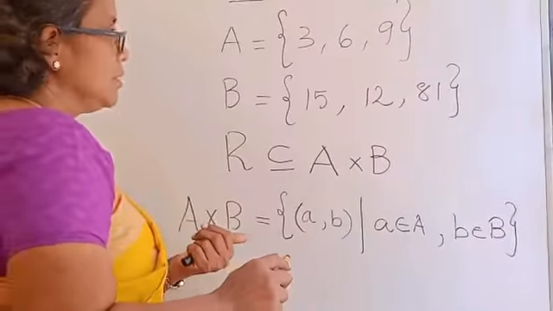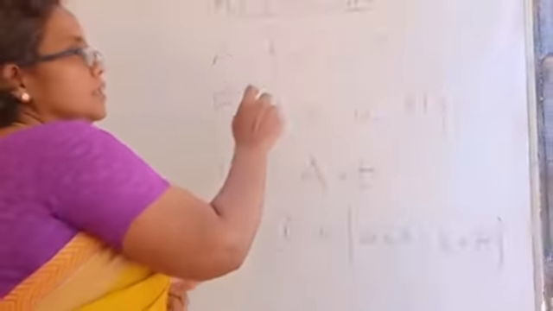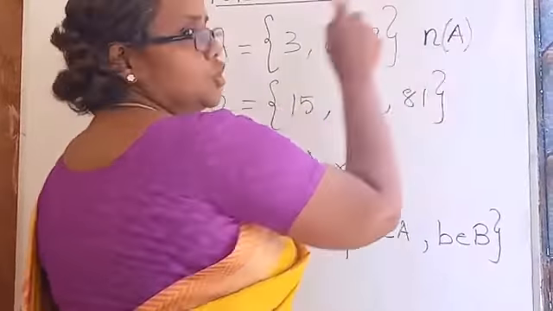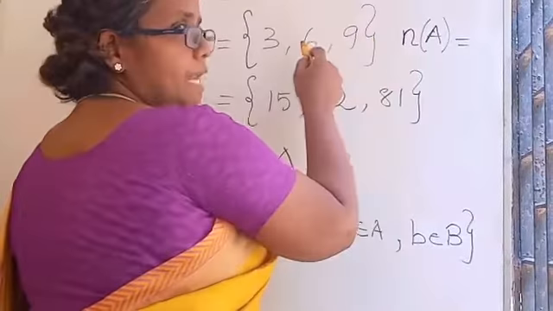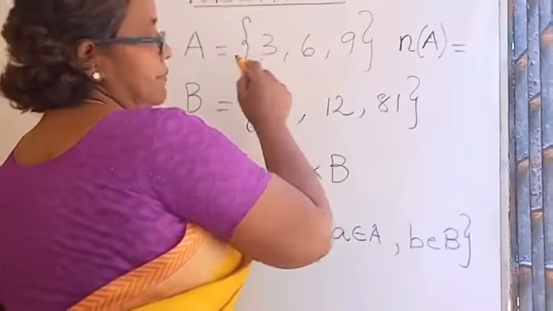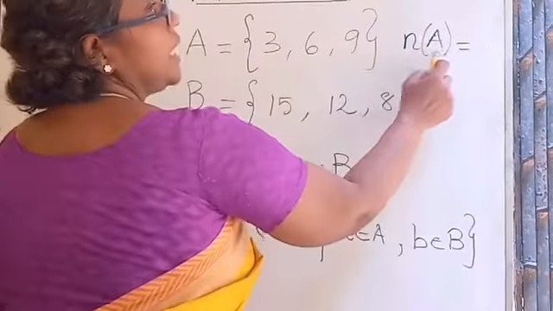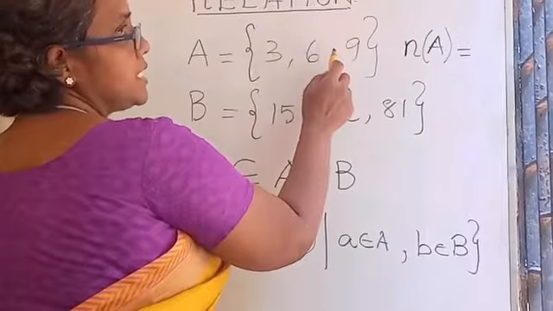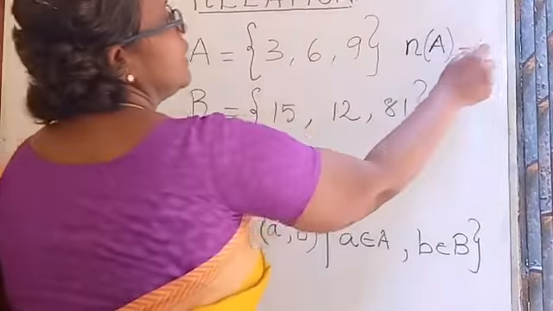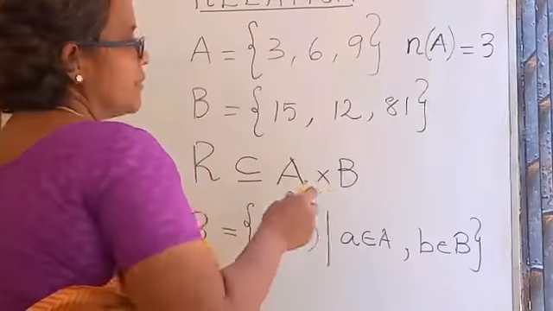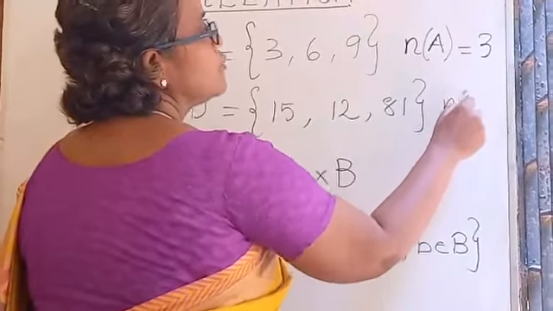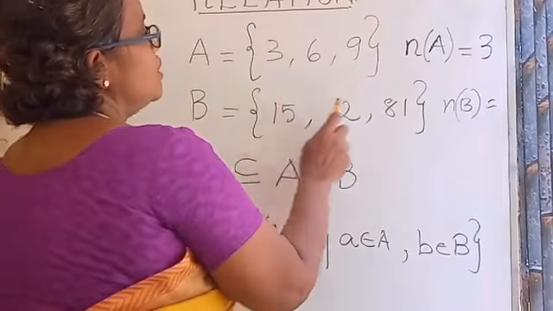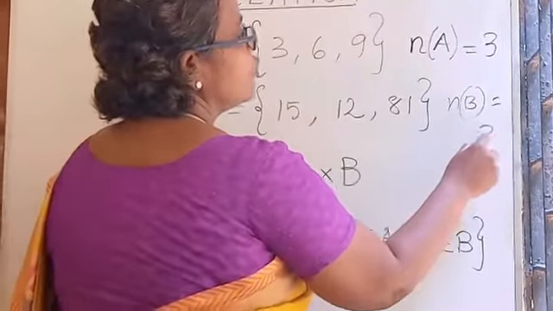Before that, you all know that the cardinal number of set A is equal to the number of elements present in set A. How many elements are present in set A? 1, 2, 3. Therefore, we write it as 3. The cardinal number of set B is equal to, once again, 1, 2, 3 elements are present, and therefore this is 3.